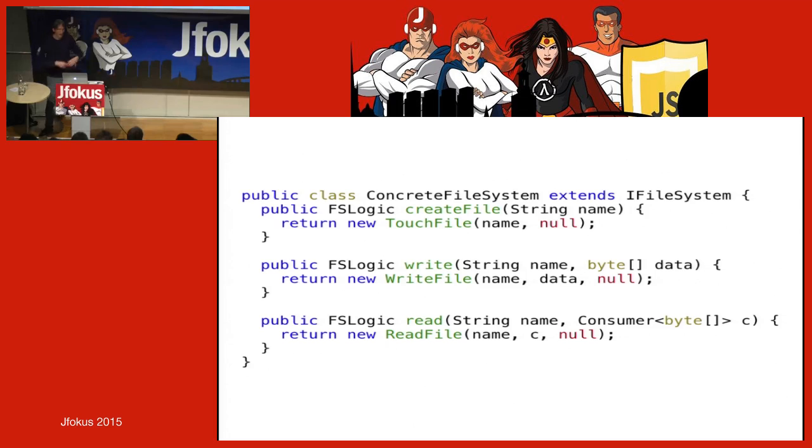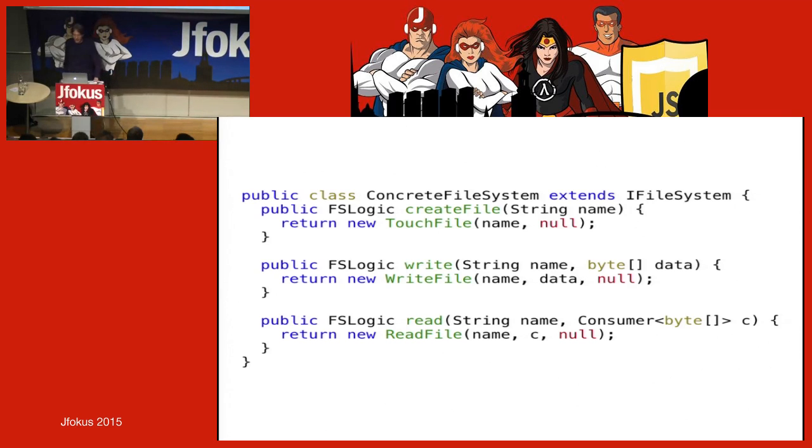So a concrete file system implementation is actually very straightforward then, right? You just create the instances of FS logic. It's really easy to implement, and there's no messing around with service connections or networking or disk access or anything complicated.